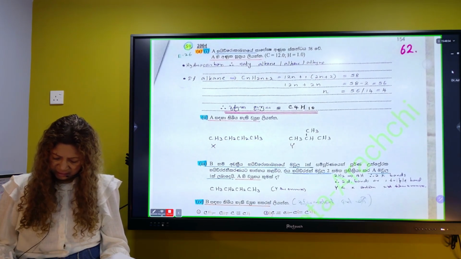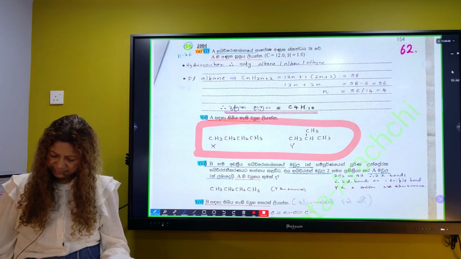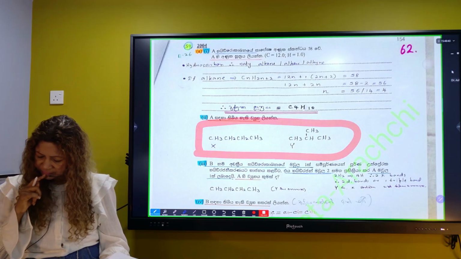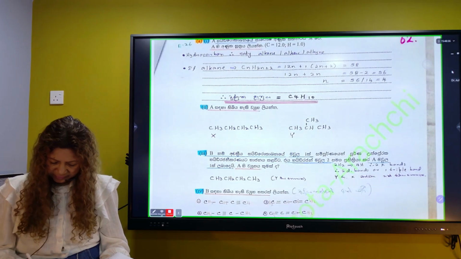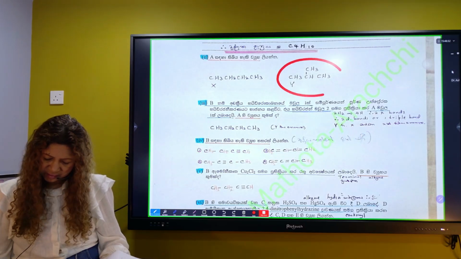And they are asking for the structures, only these two exist. You cannot make 2 pi bonds to this one.